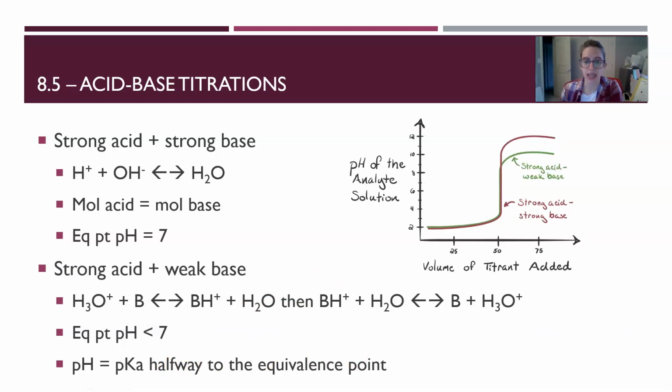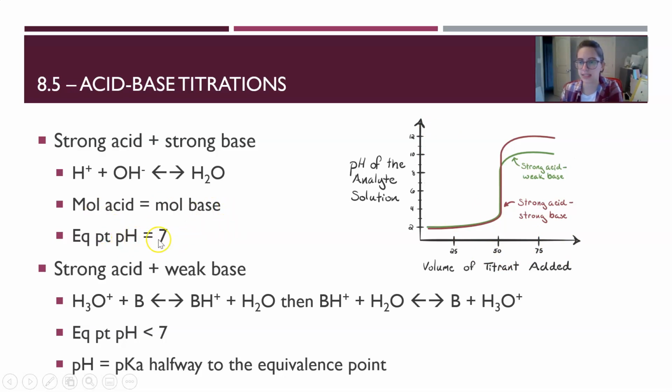Okay, so now let's look at a different combination. So strong acid, strong base, still the same. If you were to have the strong base in your Erlenmeyer flask and the acid in your burette, your titration curve would be flipped. So you'd start with a high pH and then it would go lower.